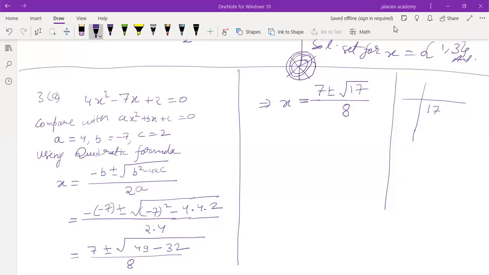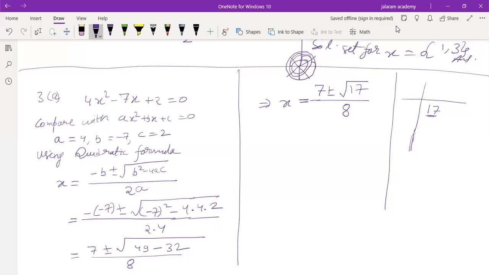Sir, we will put 17 inside root and we will divide by 4. Why? Sir, 4 will be written on the divisor side. Why only 4, not 5 or 3? Sir, because 4 into 4 equals 16.